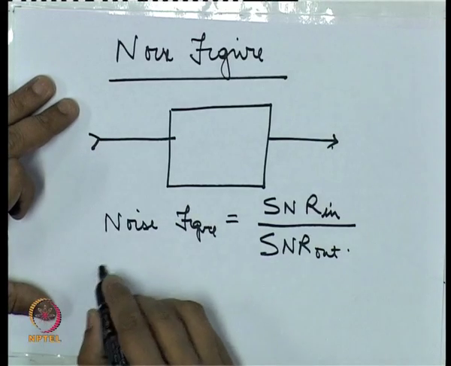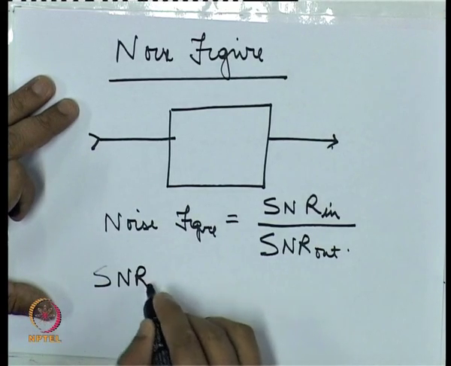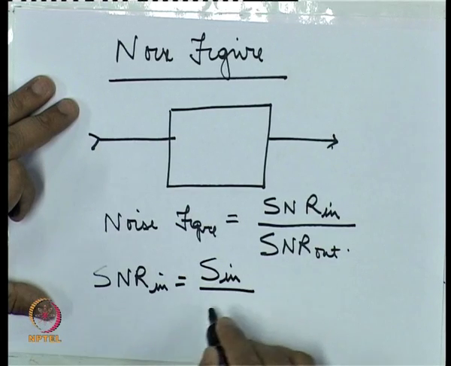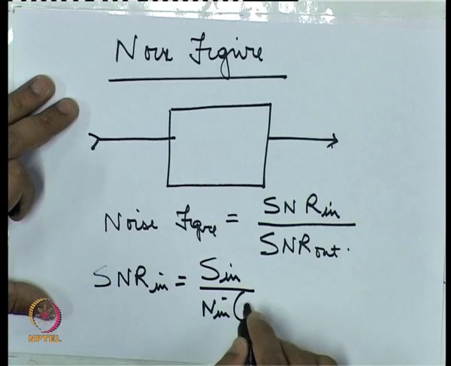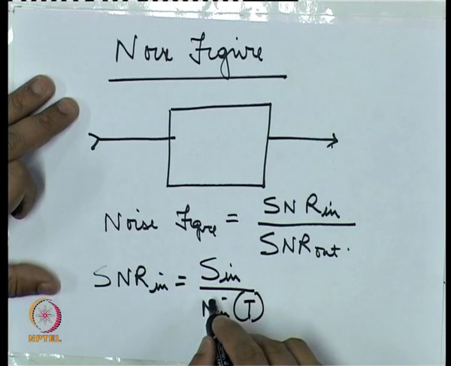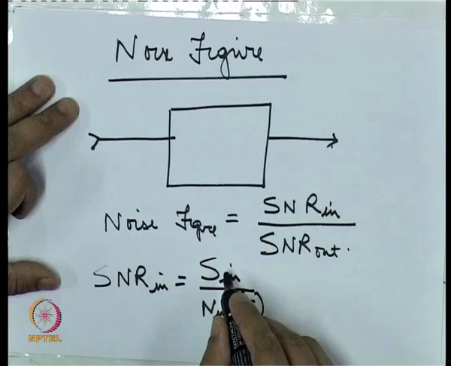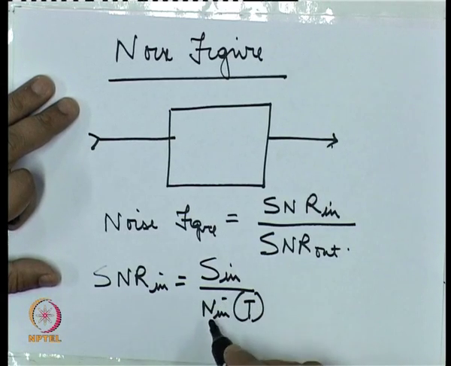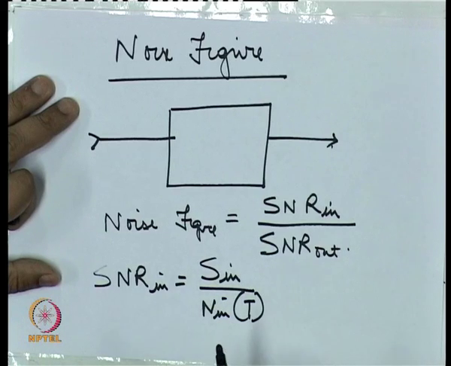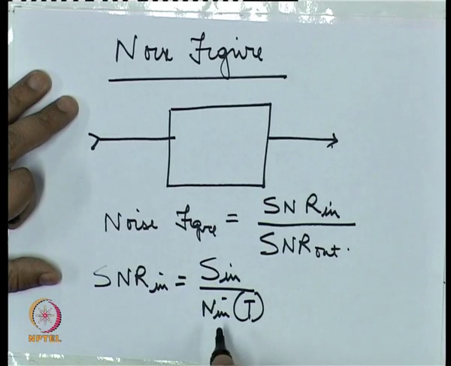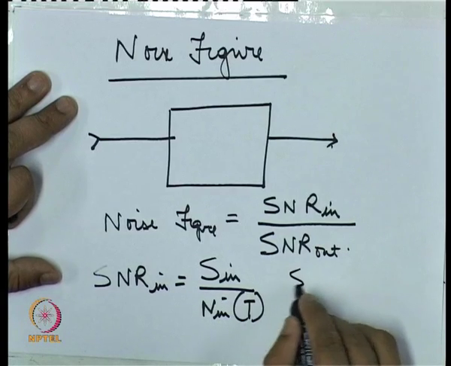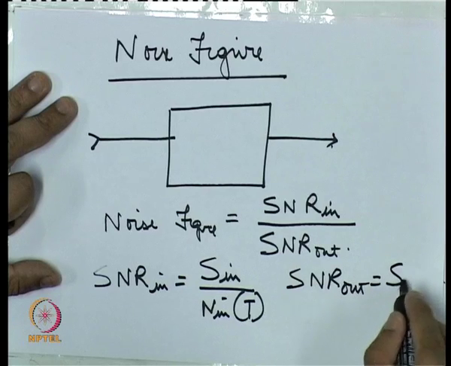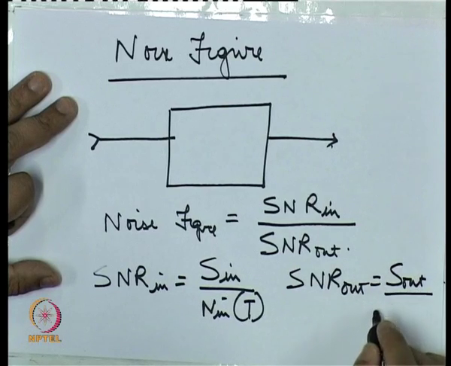Now SNR in is given by S in upon N in as a function of T. Here S in is the signal power of the input, that is the part of the input without the noise, and N in is the noise power at the input, that is only the noise power, and SNR out is equal to S out upon N out.